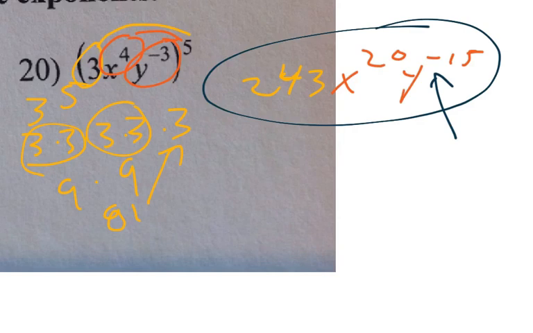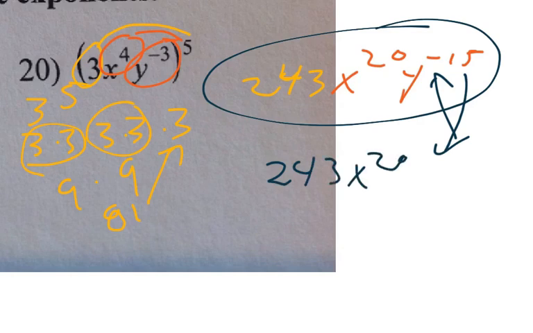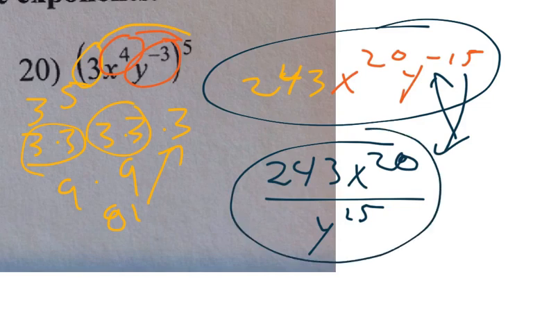But that's a simple fix because we're just going to do its reciprocal, right? We're going to move it down. So what is my final answer? 243 x to the 20 divided by y to the +15. Pause the video if you need to.